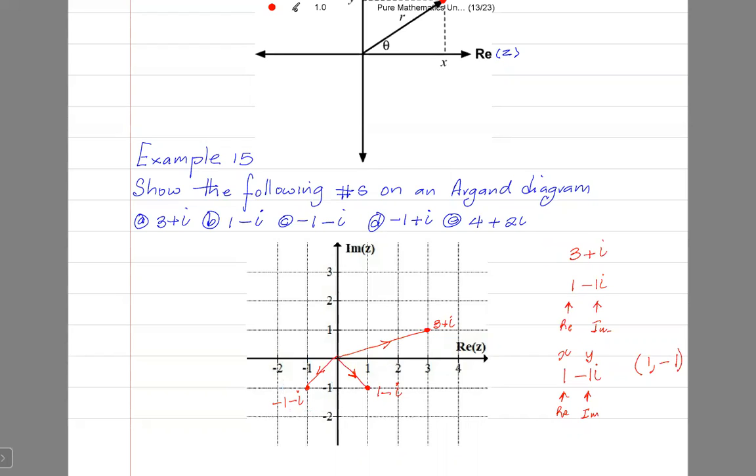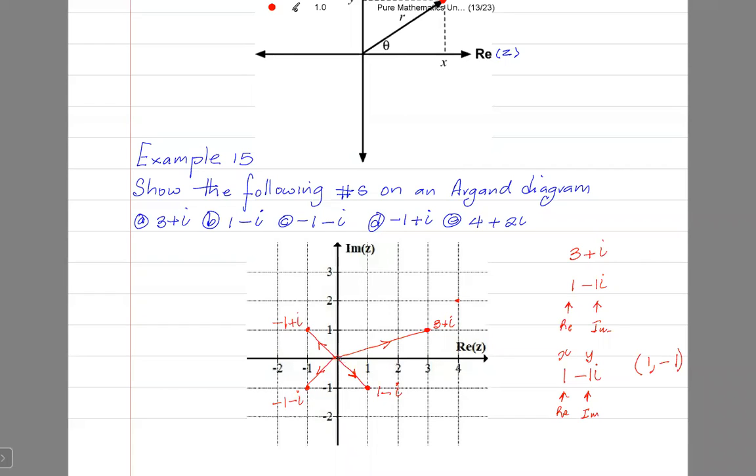The next one is minus 1 plus i. Minus 1 plus i is the point (minus 1, 1), which is this point. So this is the complex number minus 1 plus i. And the last one is the point (4, 2), which is this point here.